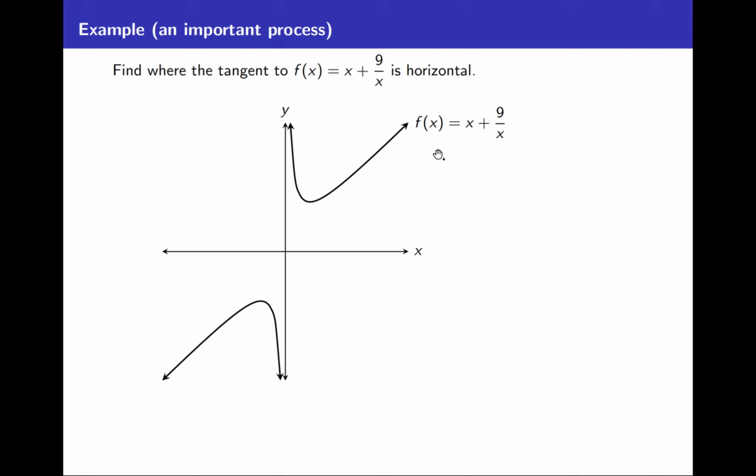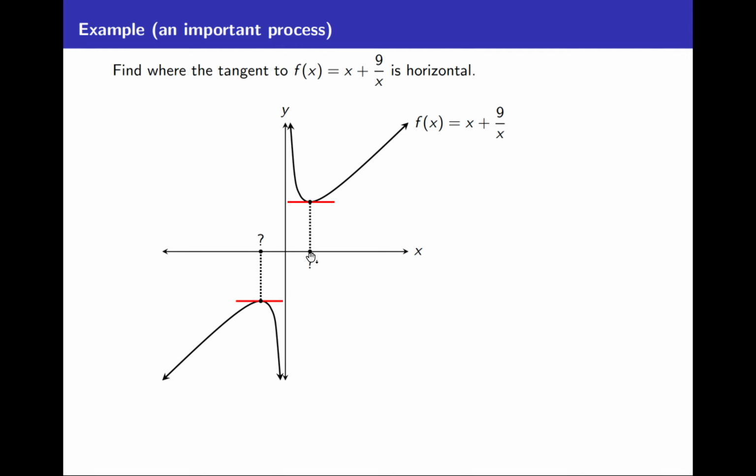So here's the picture. Our function f of x equals x plus 9 over x looks like this if you graph it. And we're looking for the values of x for which the tangent line is horizontal, has slope 0. And you can see it looks like from this function it would happen in two places, here and here.